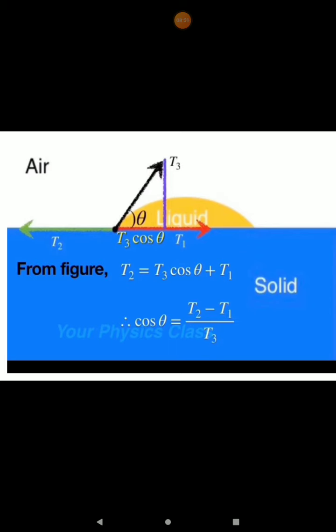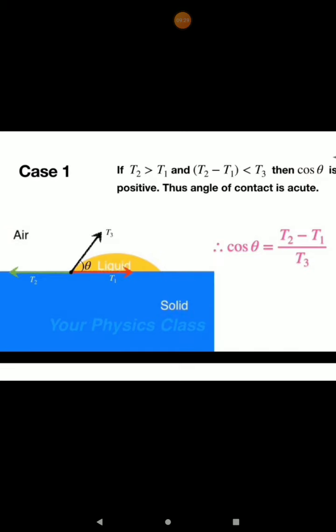At equilibrium, meaning when this liquid drop becomes steady and is formed completely, it stops flowing, then at equilibrium T2 is equal to T3 cos theta plus T1. Net leftward force is equal to net rightward force, and therefore cos theta is equal to (T2 minus T1) upon T3.